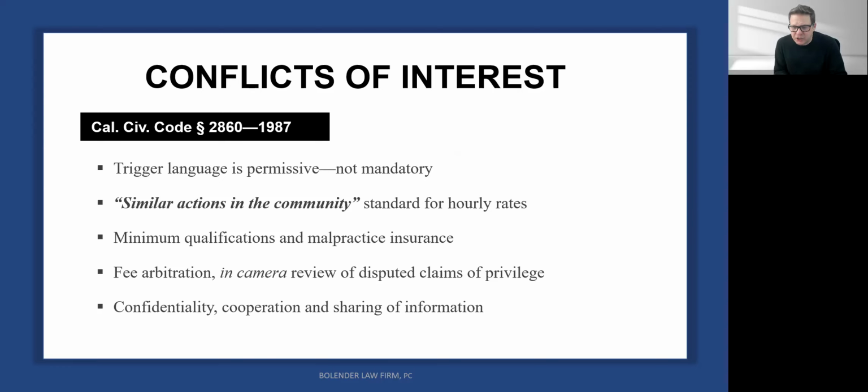And that is Section 2860 of the California Civil Code. Now, Section 2860 was very ambitious, very forward-thinking, in my opinion.